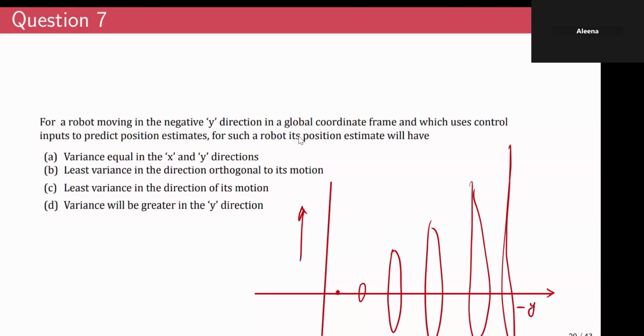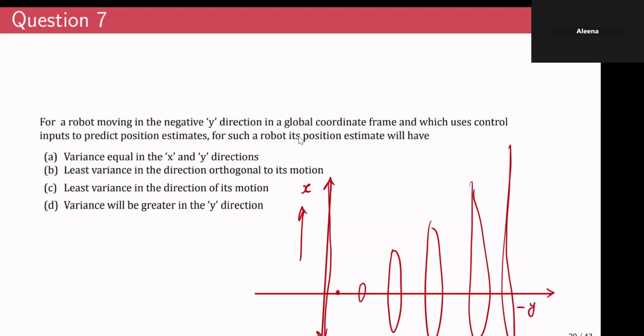So let's go by one of the options. Variance is equal in the x and y directions. If you consider this to be the negative y direction, let's consider this vertical up and down axis to be the x-axis. It doesn't matter if it is negative or positive x-axis.